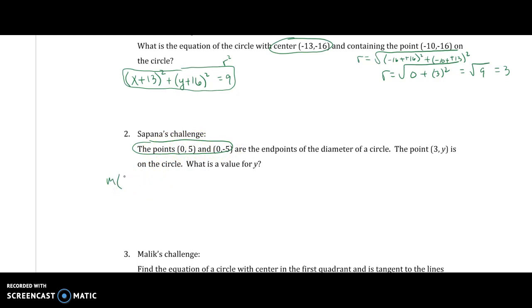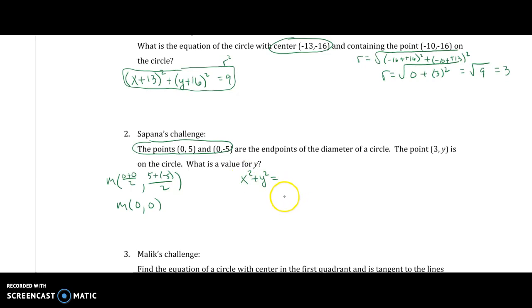So the midpoint would be 0 plus 0, all divided by 2, and then 5 plus negative 5, all divided by 2. Which is going to give me 0, comma 0, since 0 divided by 2 is 0. So my center is going to be at 0, 0. So it's x squared plus y squared equals.